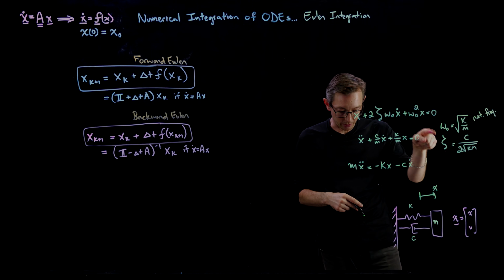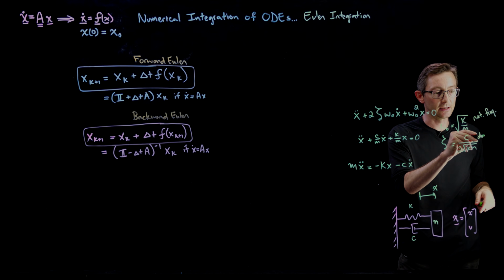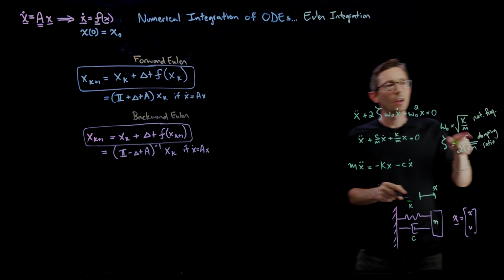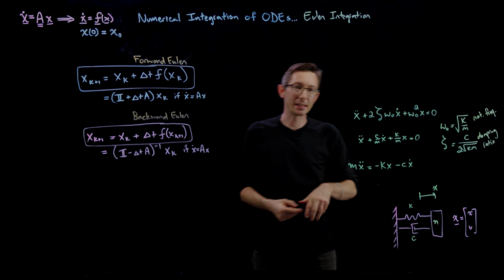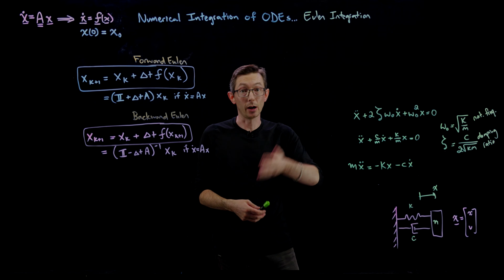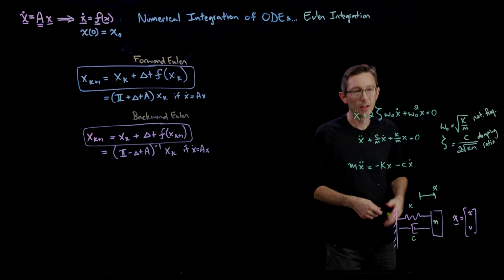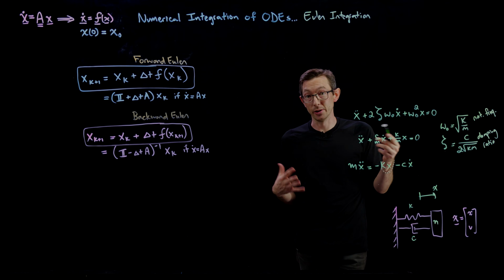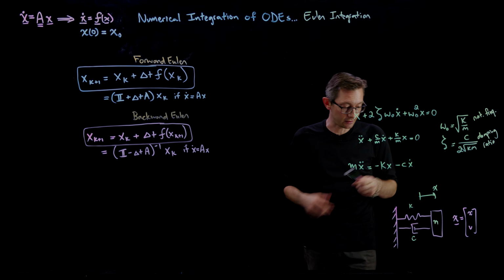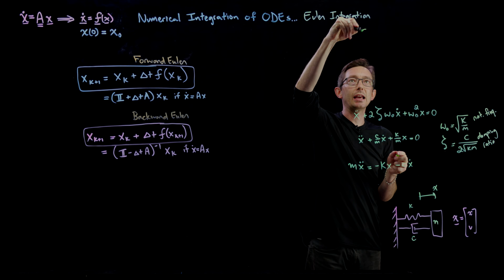And this damping ratio zeta tells me if my system is overdamped or underdamped or critically damped. Those are things you probably remember from your differential equations or physics class, that I have these different cases.